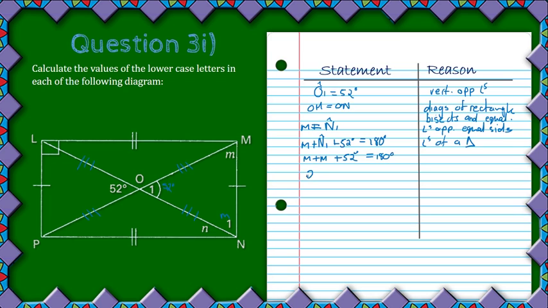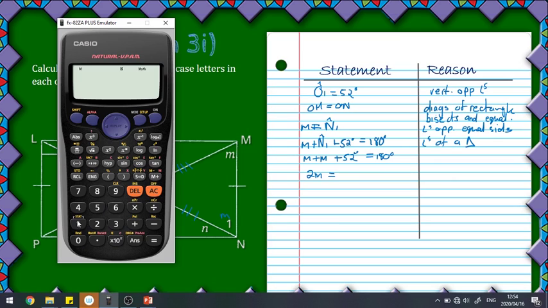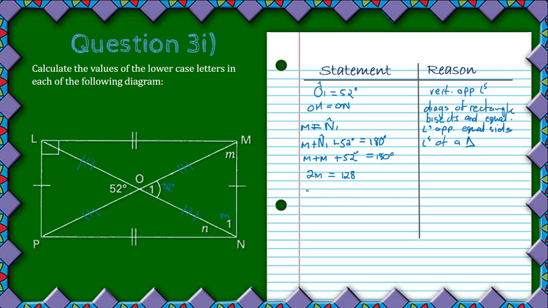So 2M is then equal to 180 minus 52. So 180 minus 52 gives me 128. And then if I divide both sides by 2, I get M is equal to 64 degrees.